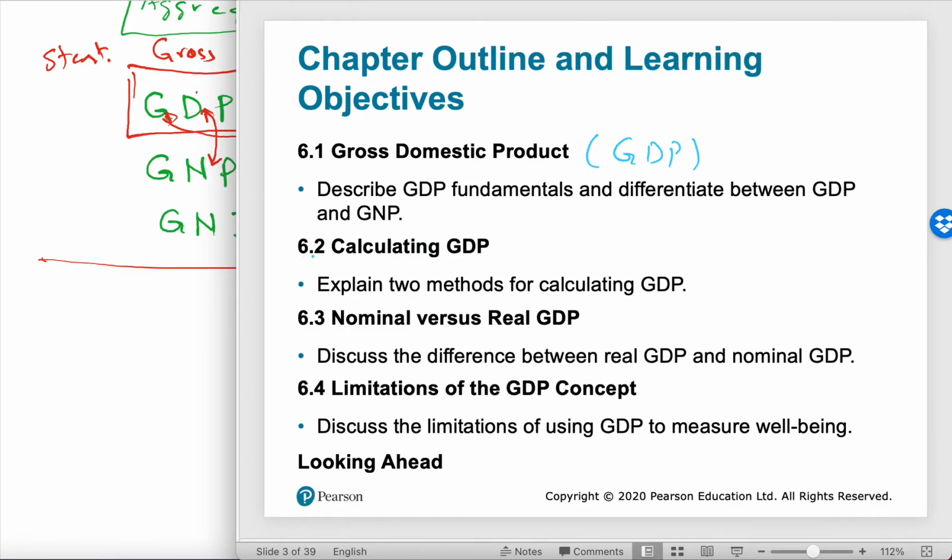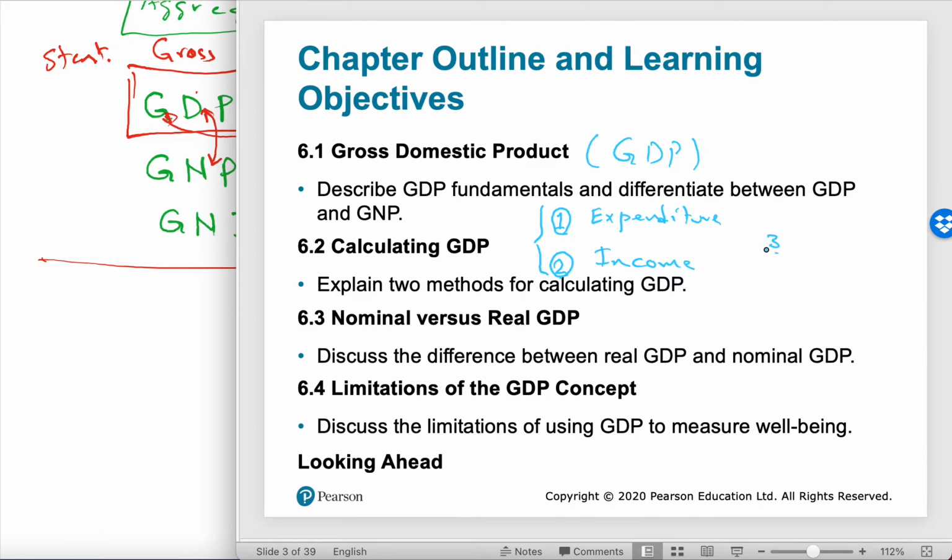In the second learning objective, we would explain that there are different methods of measuring the GDP. In fact, there are 3 ways, but the books often call it two ways, and I'm going to explain why they say 2 ways. One is by measuring how much people are spending, so it's called the expenditure method, versus the income method.